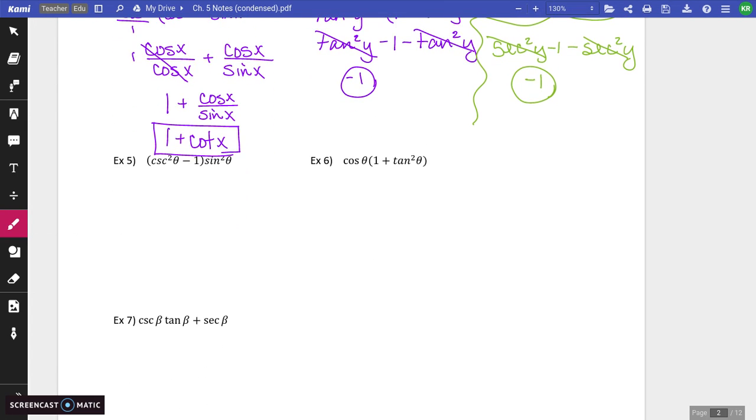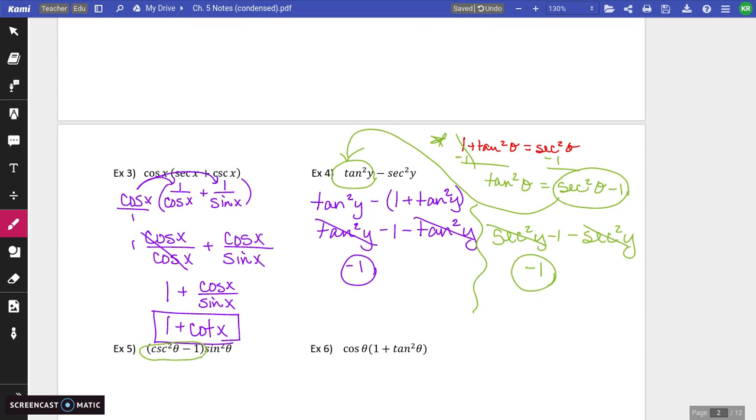Here's another one that has squareds in it. Again, that kind of clues you in that using your Pythagorean identities might be helpful. Let's look at this one right here, cosecant squared theta minus 1.